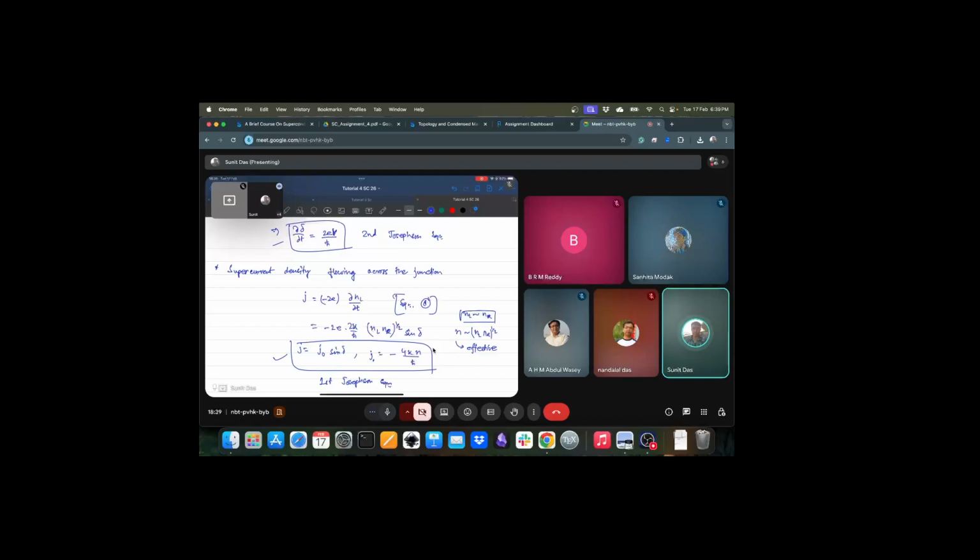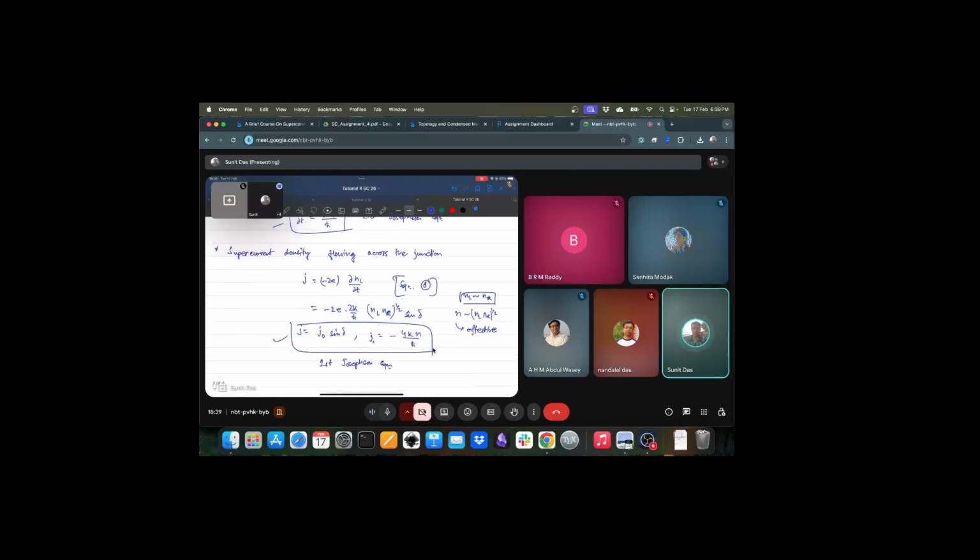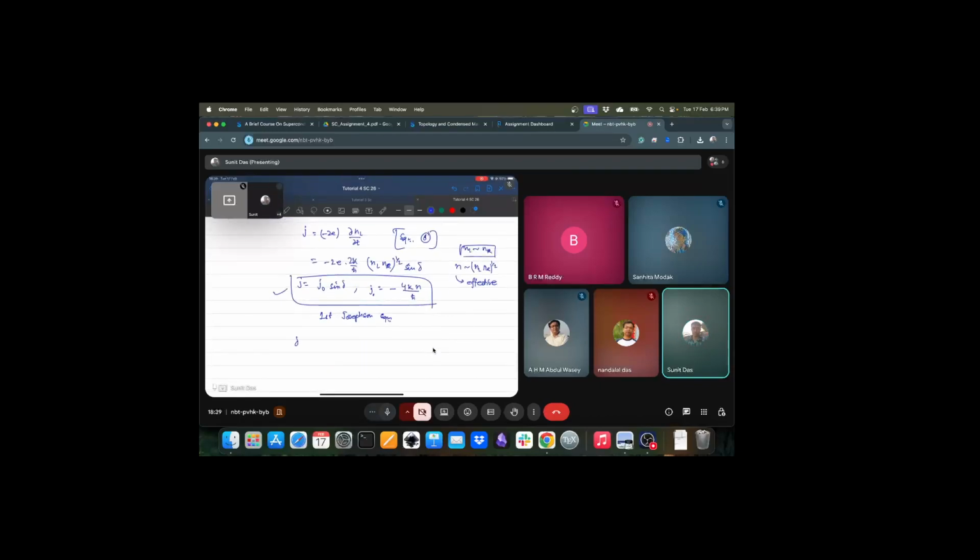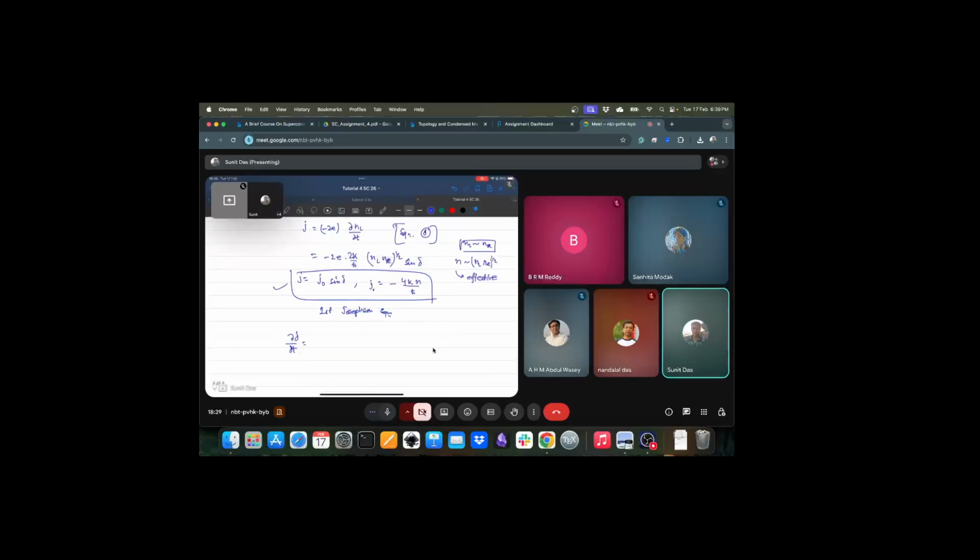So this phase difference relation can be rewritten: del delta by del t is 2eV by h bar.